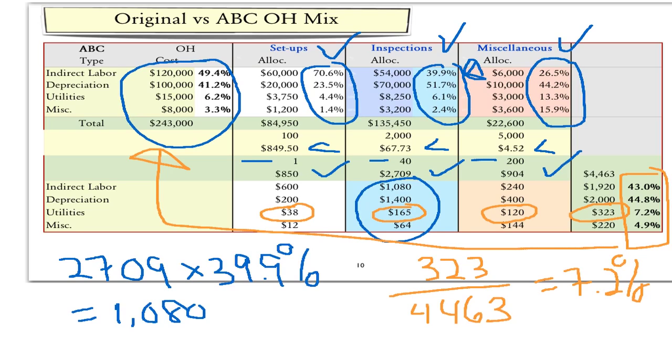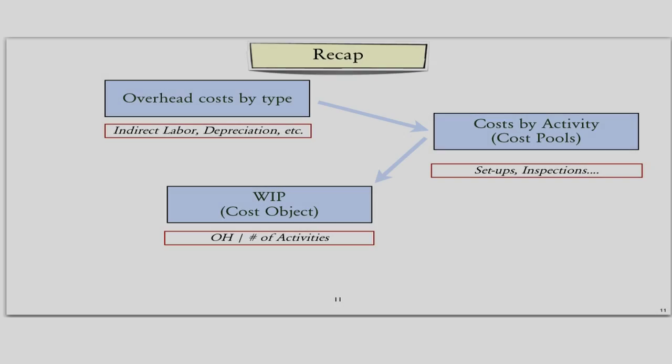What's important to notice, however, is that the final mix of overhead resources is allowed to vary from the original mix of overhead resources depending upon the use of activities by the individual job. So a recap of the process is we start off with overhead costs by type. We identify activities and cost drivers, and we use that to assign the overhead costs to the activity cost pools.